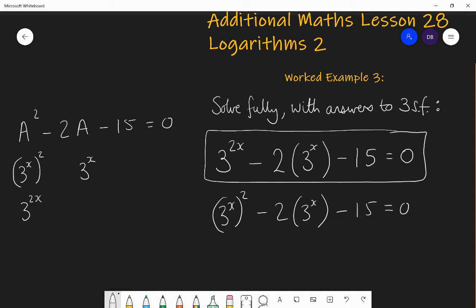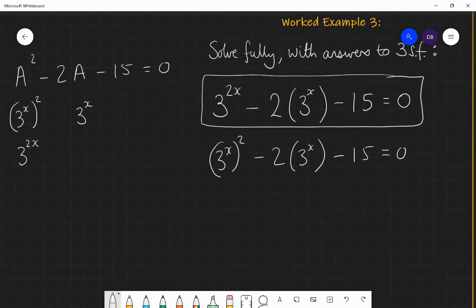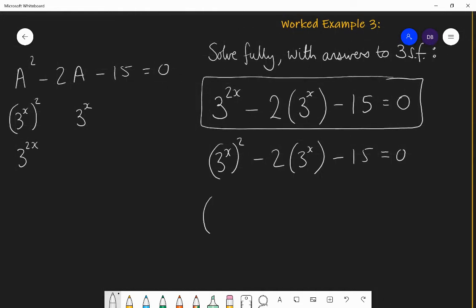Firstly, I think, can I factorize? And yes, I can. Factorizing a quadratic, if you just had x squared, then you would have x at the start of each bracket. Here, the unknown thing, 3 to the power of x, is being squared, so it's 3 to the power of x at the start of each bracket, because 3 to the power of x times 3 to the power of x will be 3 to the power of x squared.